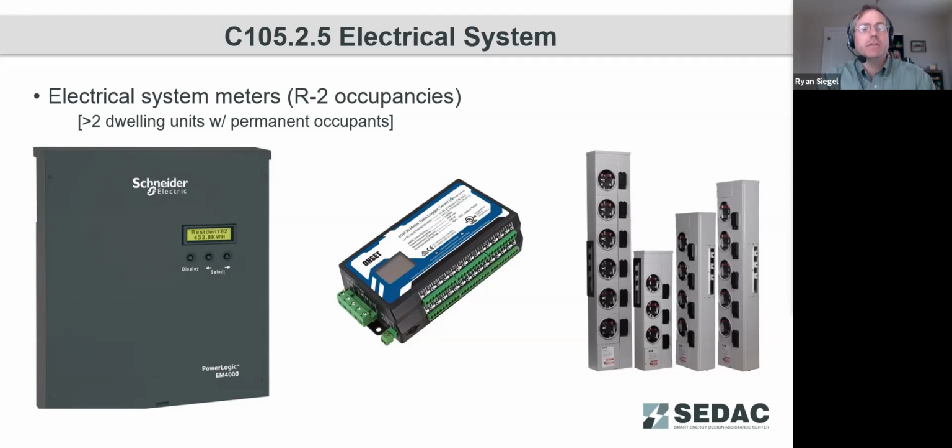But that's not necessarily required. There's nothing that requires that they be individually billed, but you do have to have individual metering, such that it enables the building owners to understand differences in consumption across units. This can also be very useful for troubleshooting.